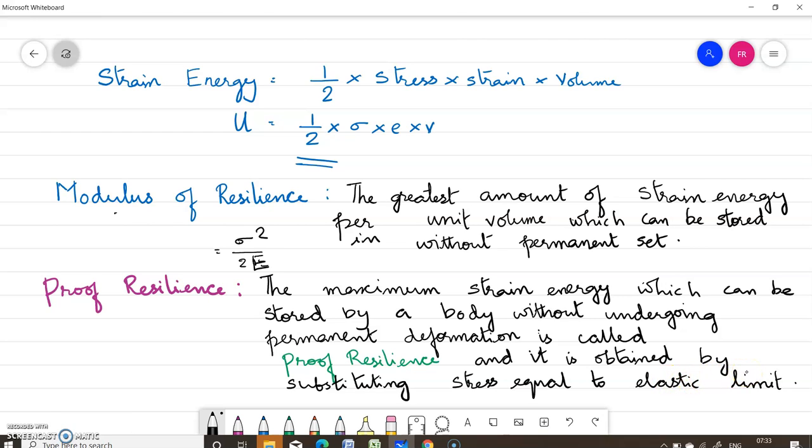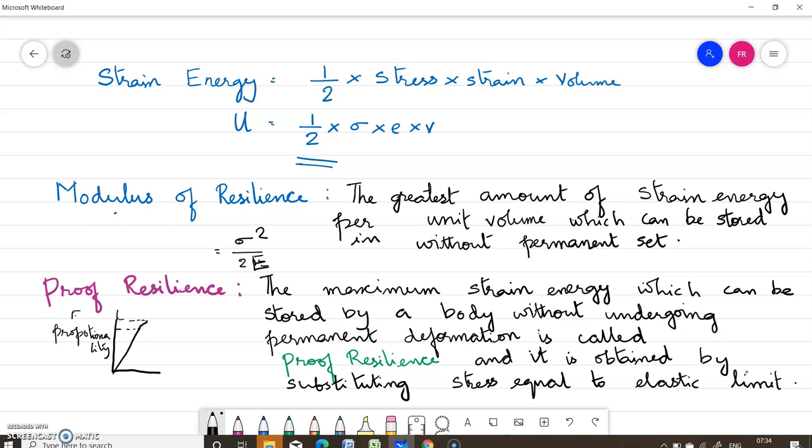Now you have studied about the stress strain curve for steel, isn't it? So you have a portion known as proportionality limit where stress is proportional to strain, and the second limit is known as elastic limit, that is, it will regain its original shape, but stress is not proportional to strain.